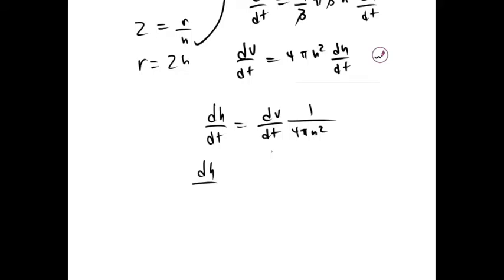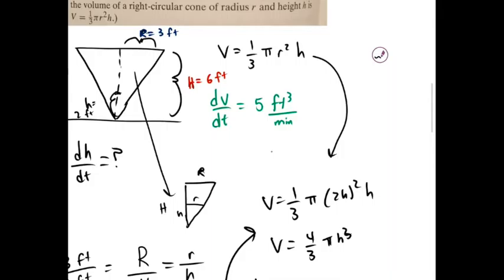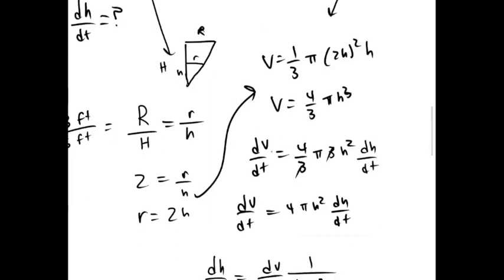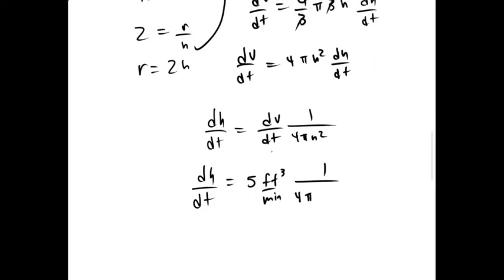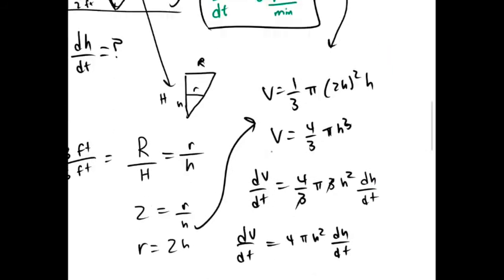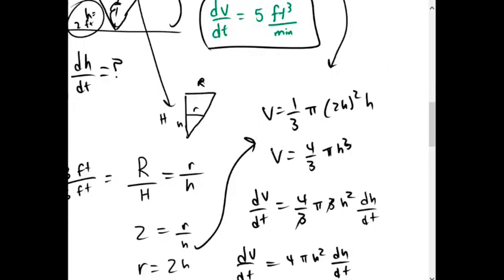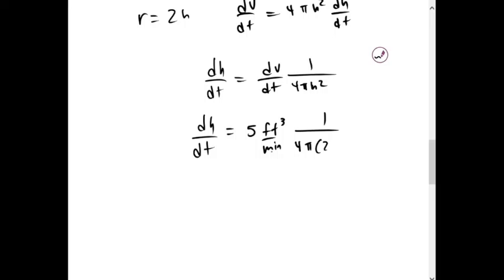Now we know dV/dt is 5 feet cubed per minute, and we know that h is currently 2 feet, so 2 feet squared.